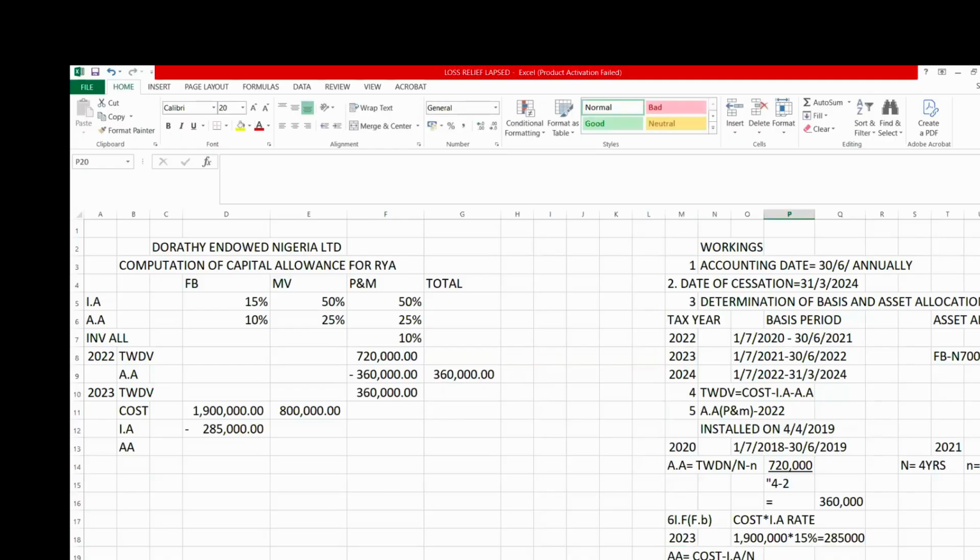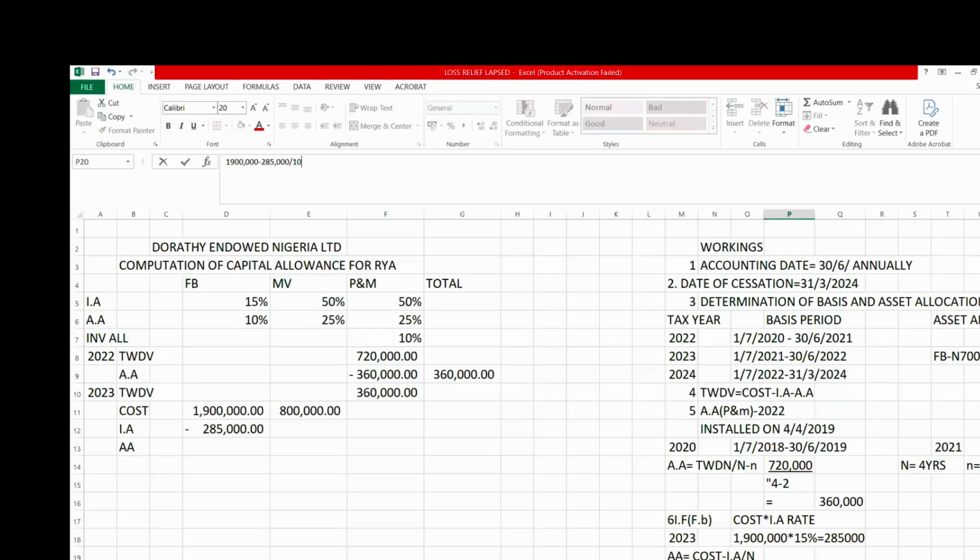The cost is 1.9 million minus the initial allowance of 285,000, divided by N. How many years are they going to claim annual allowance for factory building? 10 years, because 10% means 100 divided by 10, so they will claim it for 10 years.